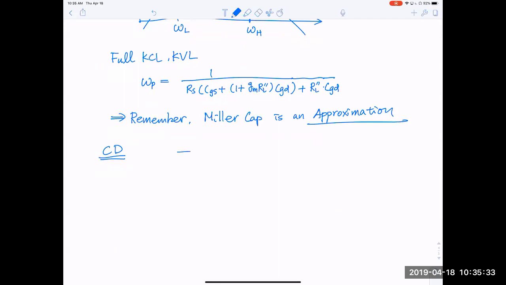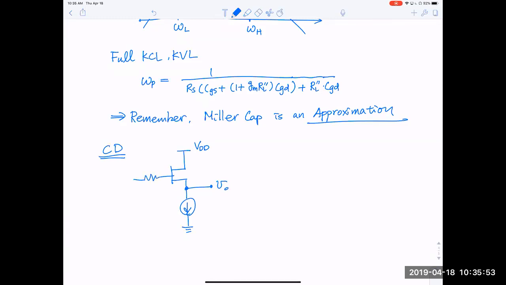The circuit looks something like this. The drain is connected to VDD, and VDD is AC ground. It is biased by a current source, and this will be the output voltage. The input voltage comes from here, and we feed it with VI and drive it through RS.